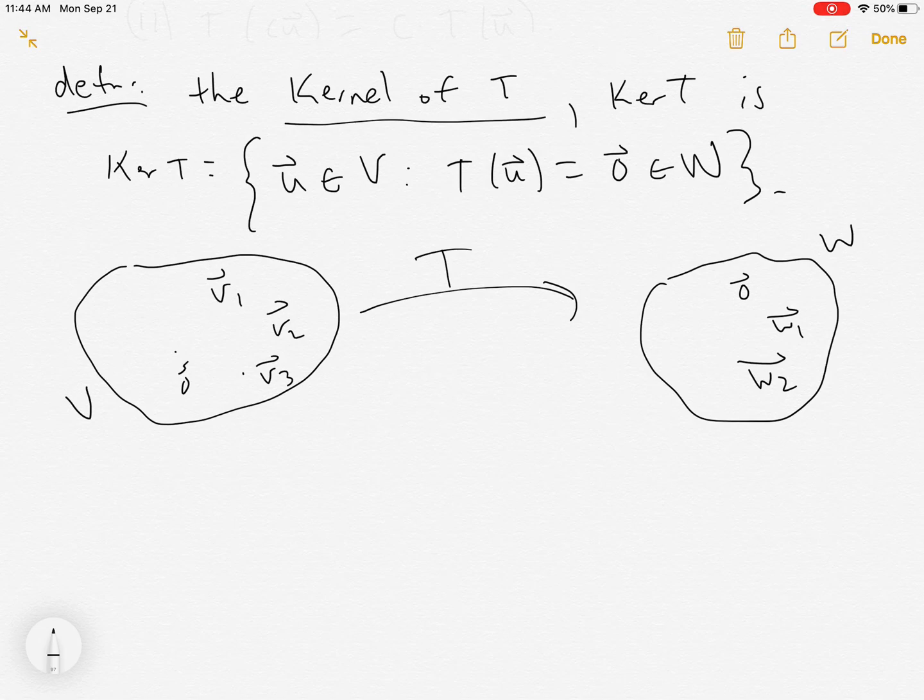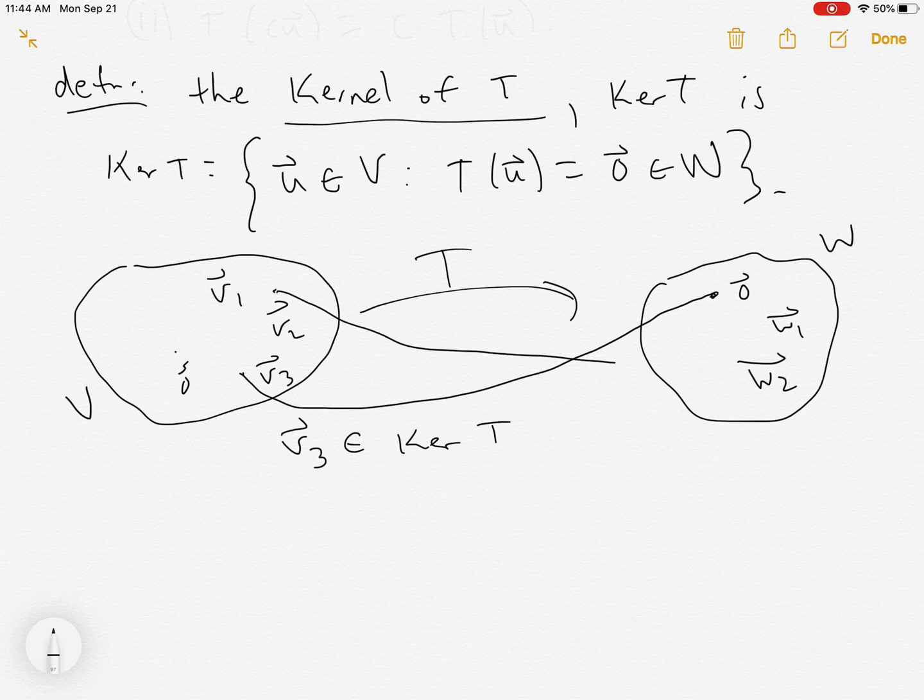And the set of vectors that map to 0, so let's say T of V3 was 0, then V3 is in the kernel. And let's say V2 maps to W2, so V2 is not in the kernel, right?